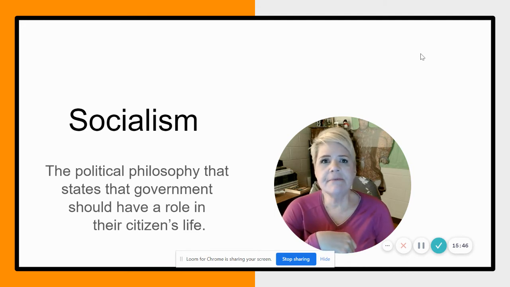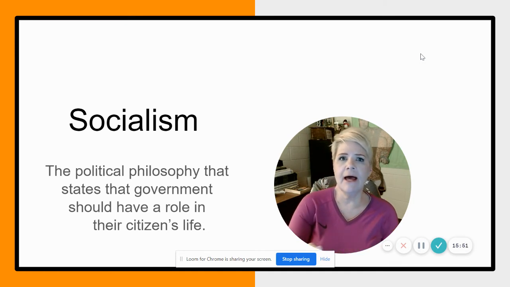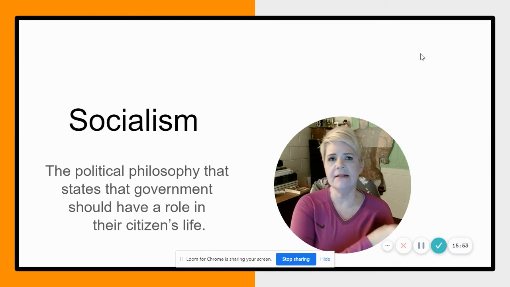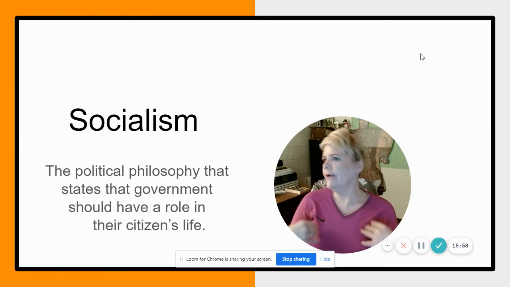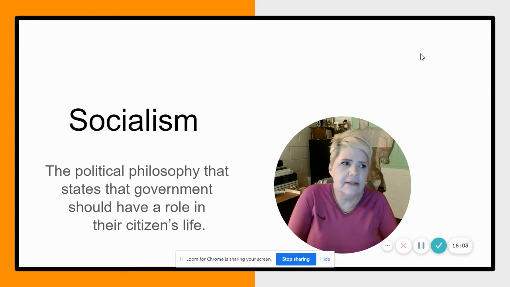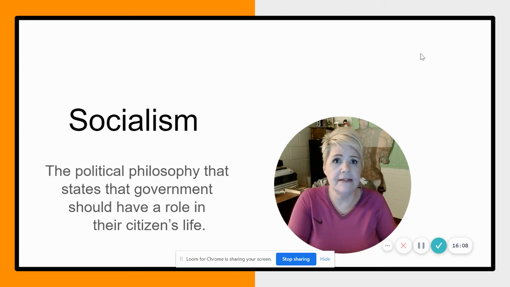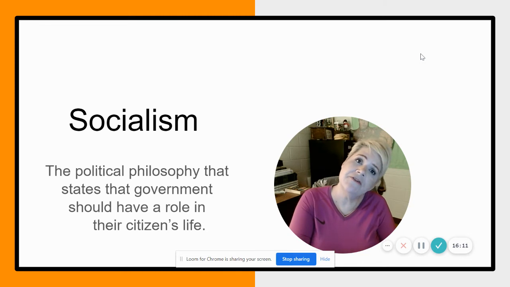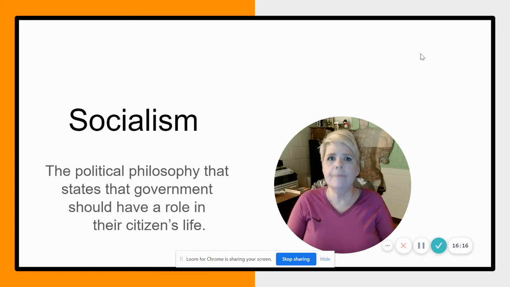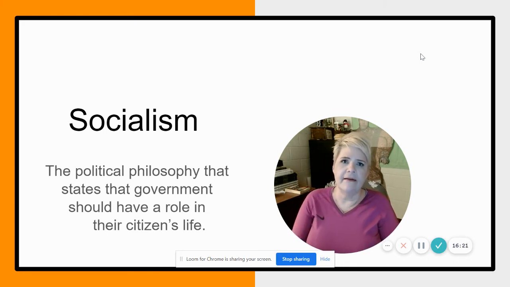Socialism. Socialism is a form of government or an economic system where the government has a say in what goes on in the daily lives of their citizens. They don't rule on what you're going to wear or what you're going to read or what you're going to watch on TV and all that kind of stuff. Basically, they're just providing everyone basic services such as healthcare, education, housing, food, etc. They're just helping everyone in their country be healthy and well taken care of, kind of thing.